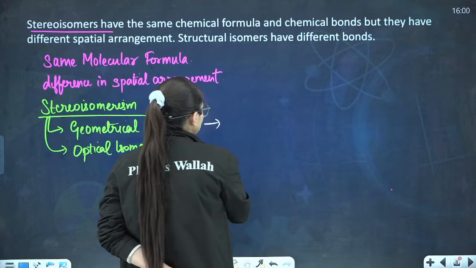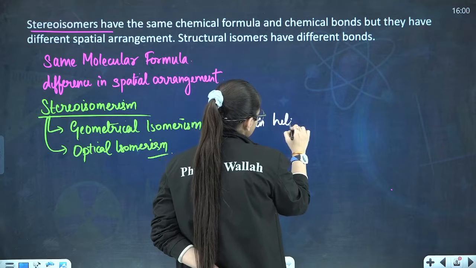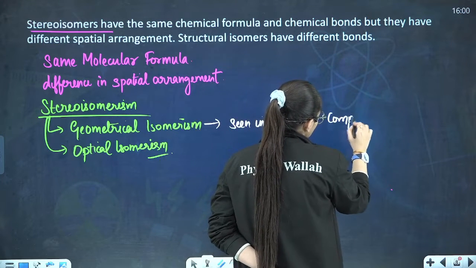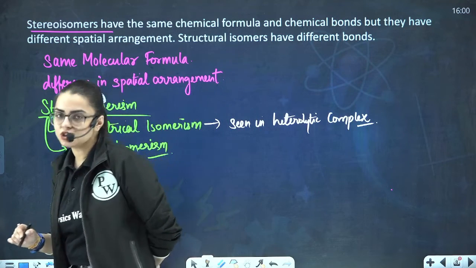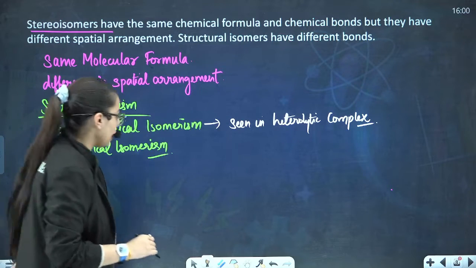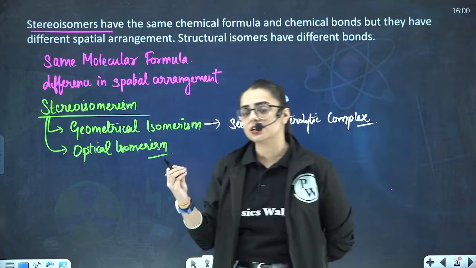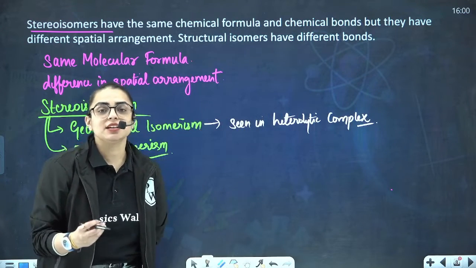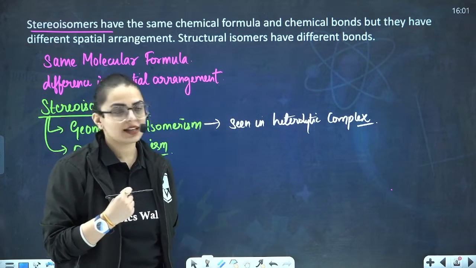If I talk about geometrical isomerism, these are basically seen in heteroleptic complexes, and there is a difference in geometry. Here you observe the difference in geometry. Is it clear to you, people? Now if I talk about different complexes, such as square planar, tetrahedral, and octahedral complexes, you may see that geometrical isomers won't exist for the tetrahedral complex. Keep that in your mind.